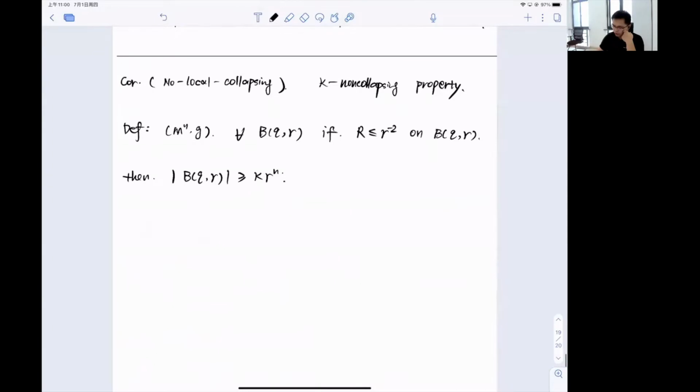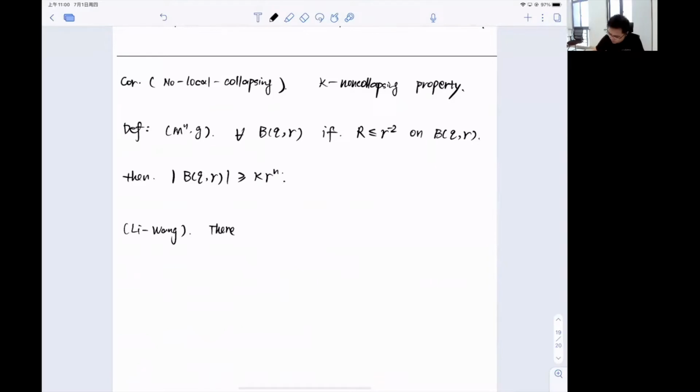Now, by using the theorem I just mentioned, we can prove that for Ricci shrinkers, the Kappa non-collapsing property holds.